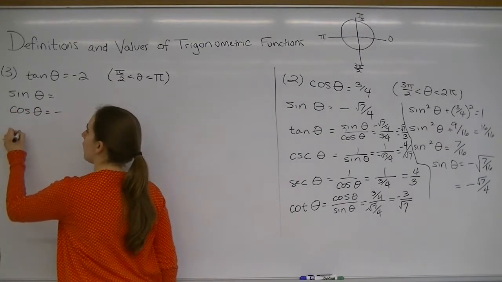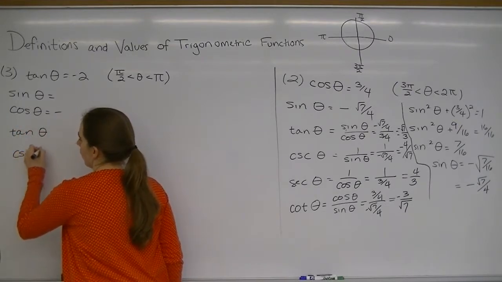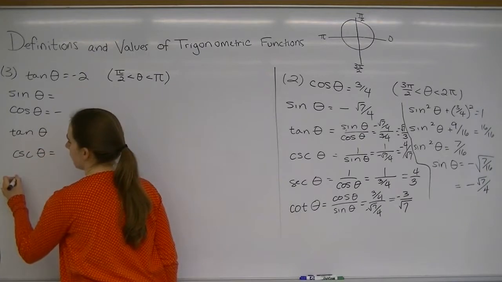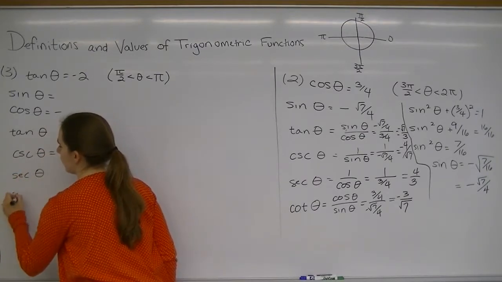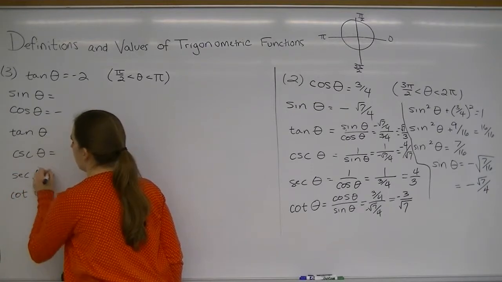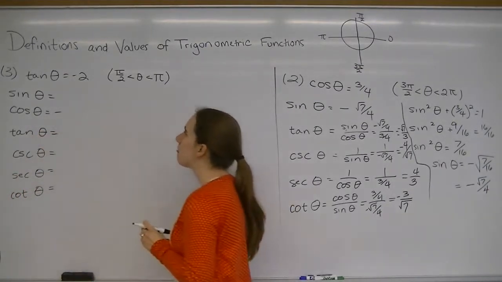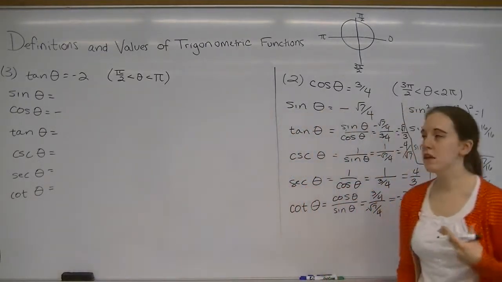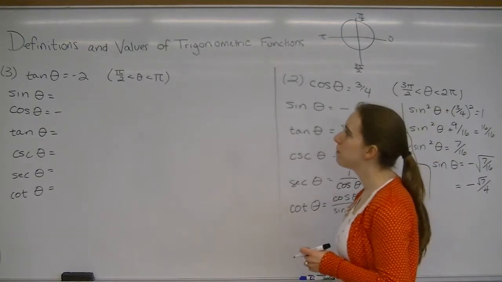Then I have tangent of theta. Okay, so there's what we want to find. Now there are two different ways that we can start this, and I'll do one and then the other so you can see it both ways.